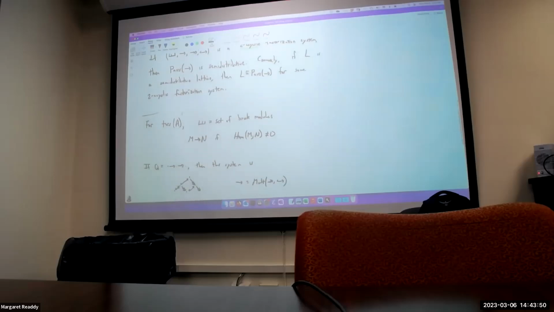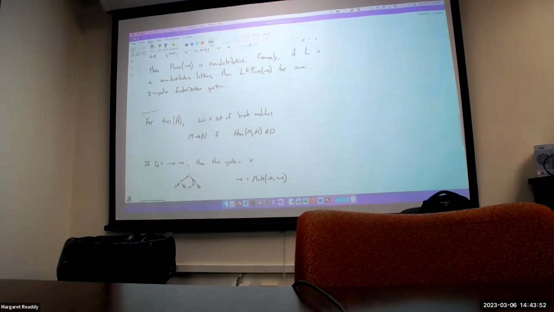Actually, I kind of say that here. In the context of an algebra, I'm looking at the lattice of torsion pairs, my set S. I'm going to take these things called brick modules, which are certain indecomposable modules. And we define an arrow between 2 bricks if there's a non-zero homomorphism between the corresponding modules.